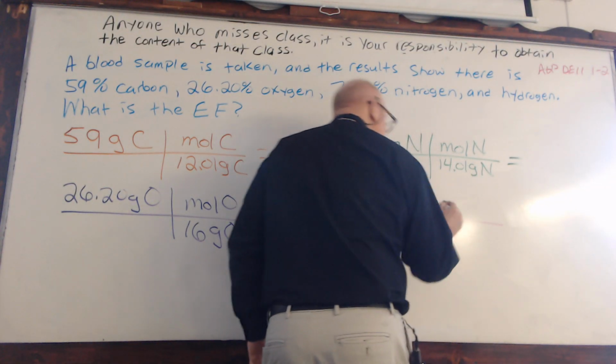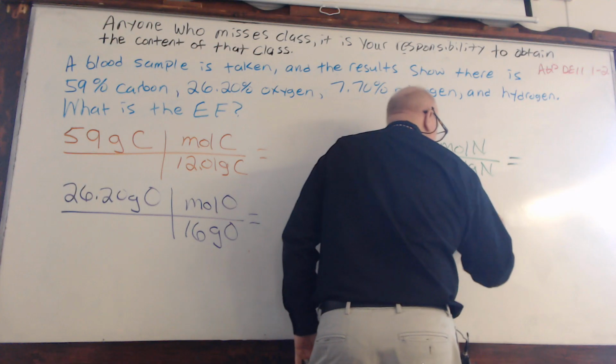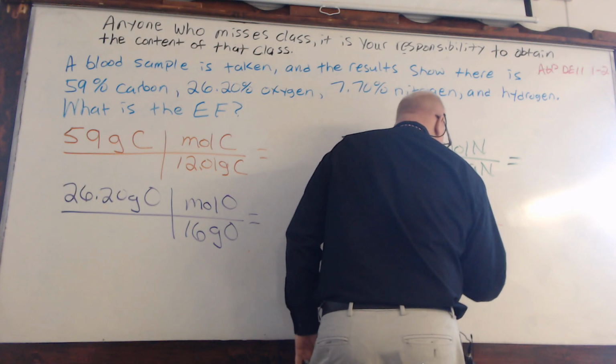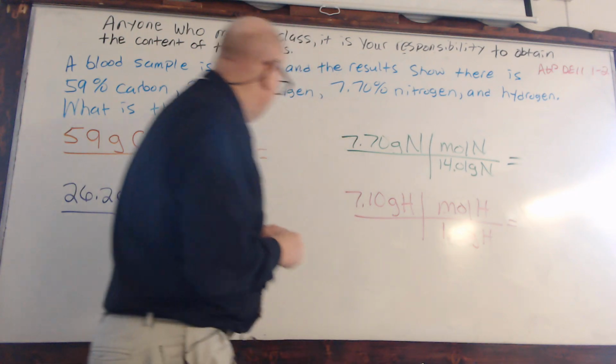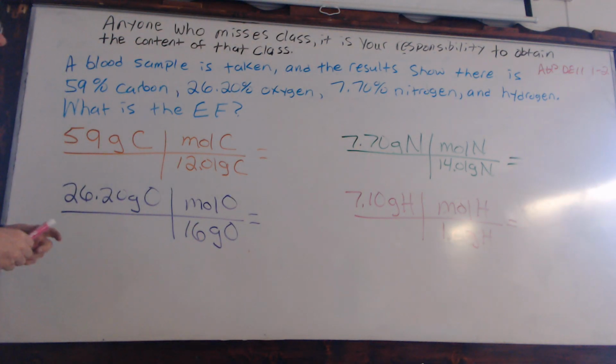So now we're getting this set up. Our molar mass, our mole of hydrogen, 1.01 grams of hydrogen.